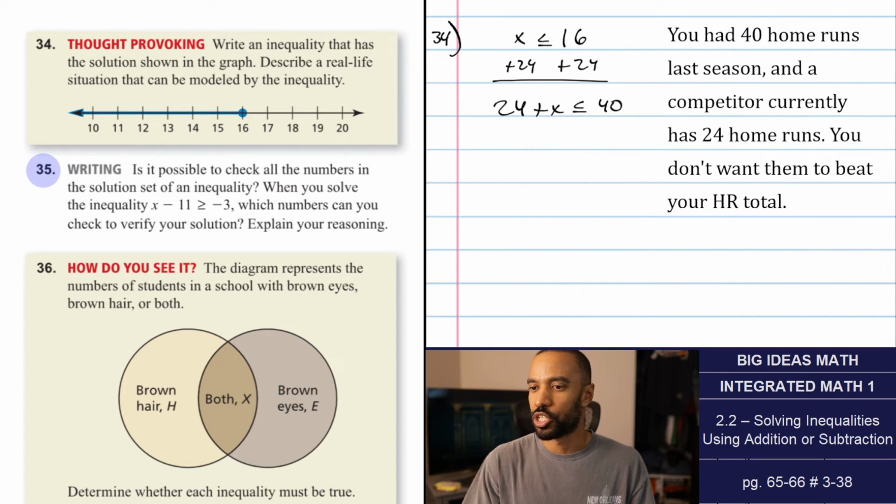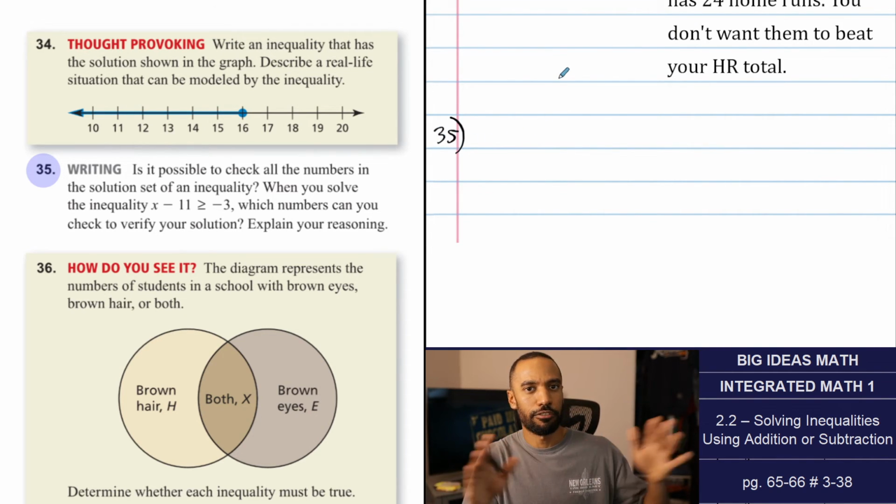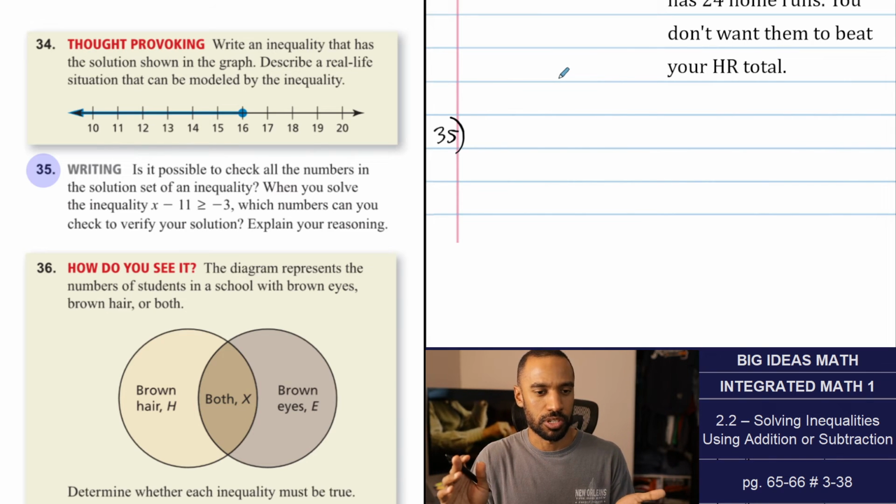Okay, number 35, writing. Is it possible to check all the numbers in the solution set of an inequality? When you solve the inequality x minus 11 is greater than or equal to negative 3, which numbers can you check to verify your solution? Explain your reasoning. Well, I mean, not literally, you can't check everything because this is an infinite solution set. Within any two numbers is a foreverness.